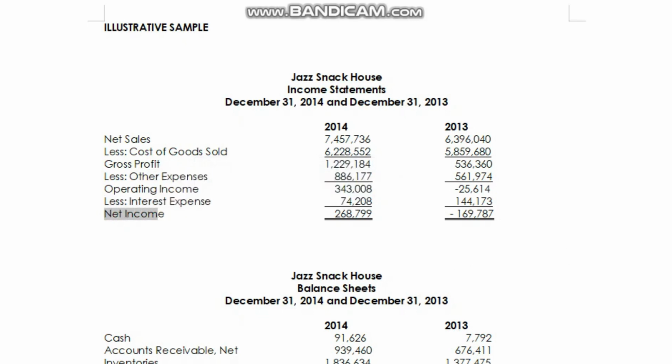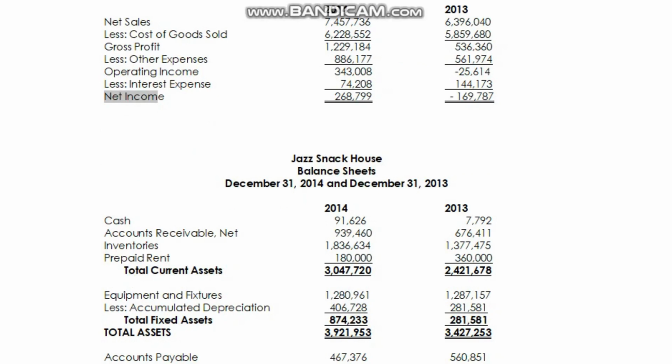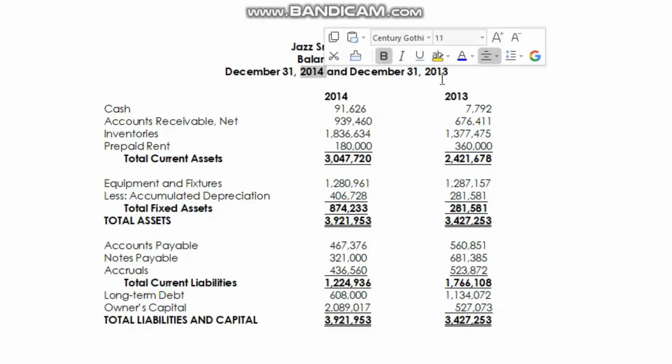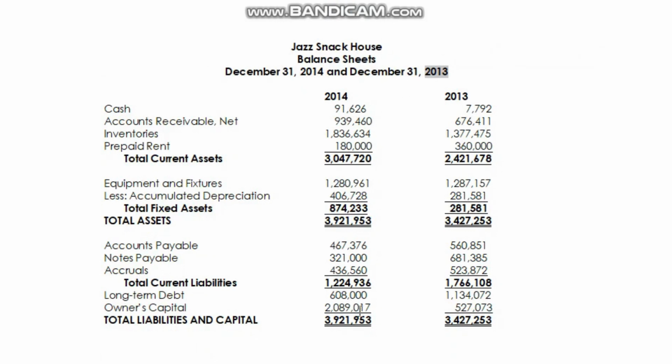And then for the balance sheet, we have the same for 2014 and also for 2013. First column is for 2014, second column is for 2013. For the assets, we have cash, accounts receivable, receivables, net. When you say net, that is accounts receivable less allowance for bad debts.